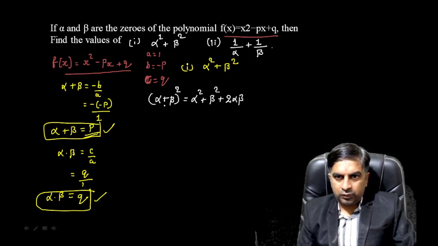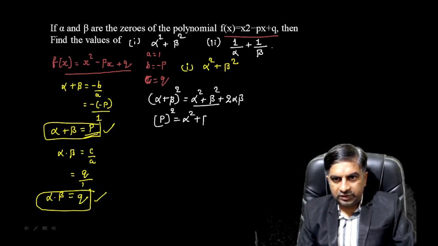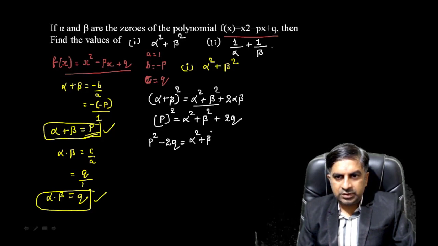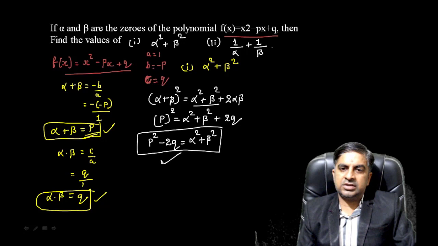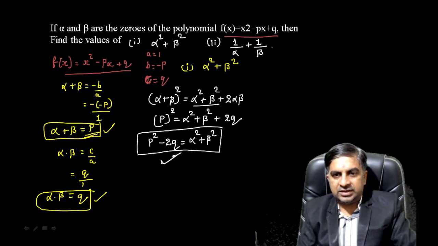So now you have alpha plus beta here, keep p, instead of alpha plus beta, p square. Alpha square plus beta square, that we need to find out, plus 2 into alpha into beta is q, so 2q. Take this, plus 2q will become minus 2q on that side, and alpha square plus beta square. So now you are getting alpha square plus beta square is equal to p square minus 2q. This is your final answer, guys. So please keep this in mind.